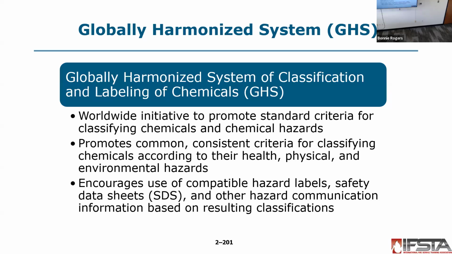We want consistency and compatibility in our labels, in our SDSs, the safety data sheets, and other hazard communications. That way, no matter where it comes from, no matter where it goes, where you are, you'll have some consistency, and you'll be able to understand what the hazards are.